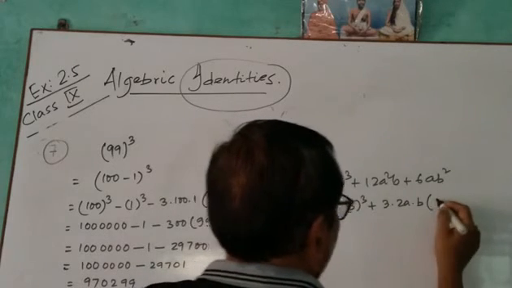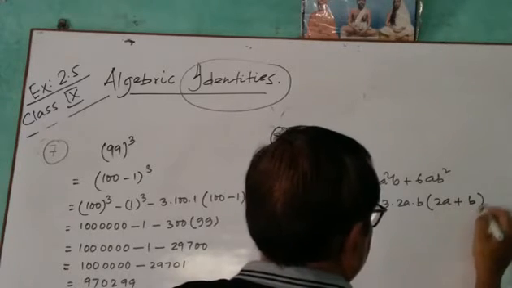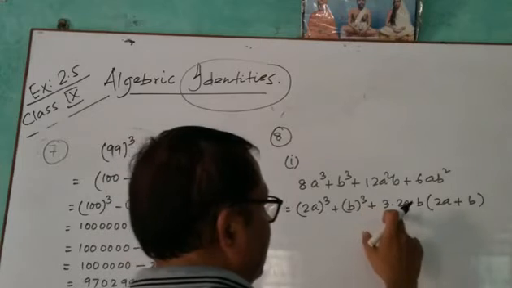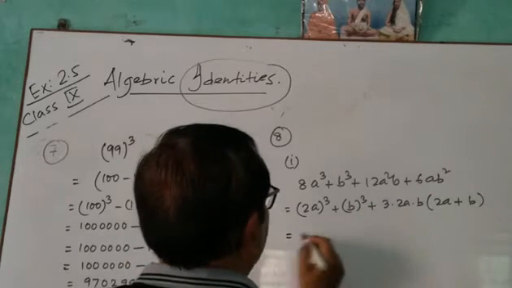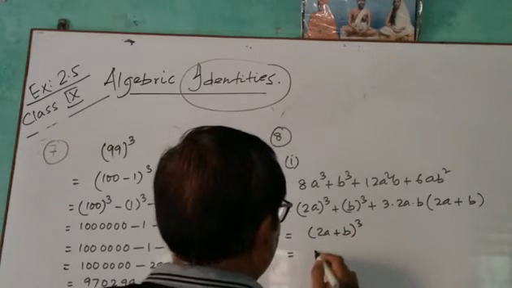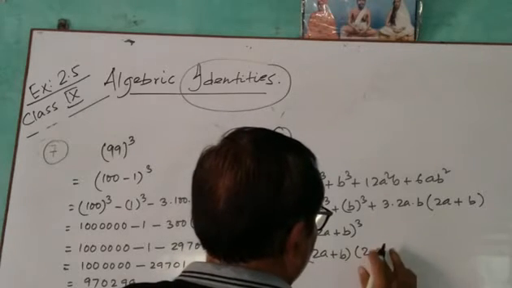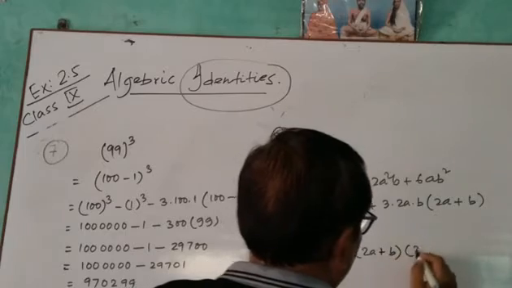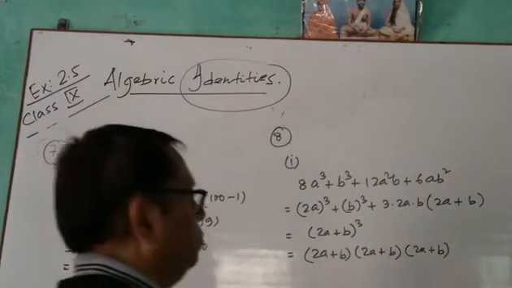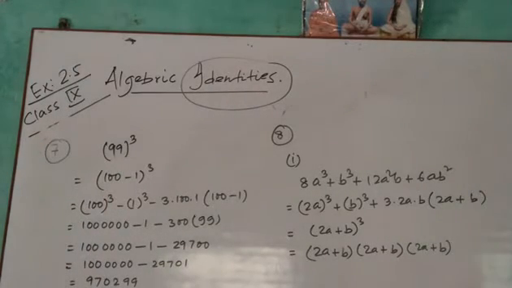You will be left with 2a plus b, and a cube plus b cube plus 3ab into a plus b is the formula of a plus b whole cube. In your factorization answer, you can write 2a plus b into 2a plus b into 2a plus b. In this way you can do the sum of question number 8. 5 sums are there, one I have explained. In the same way you will go on.